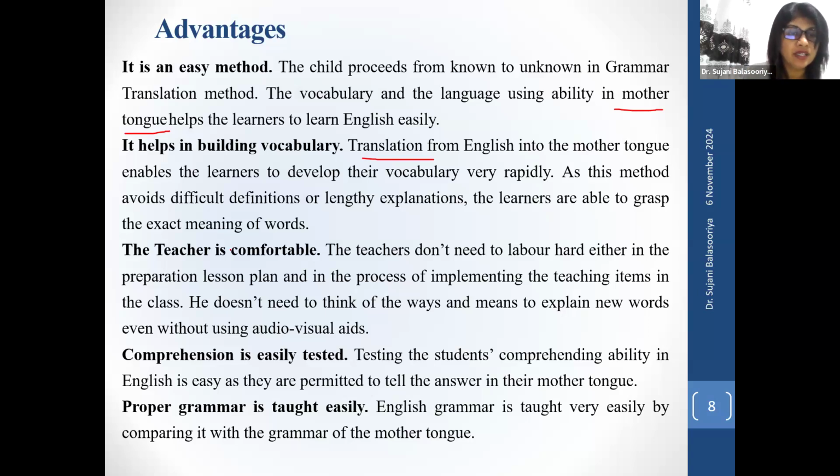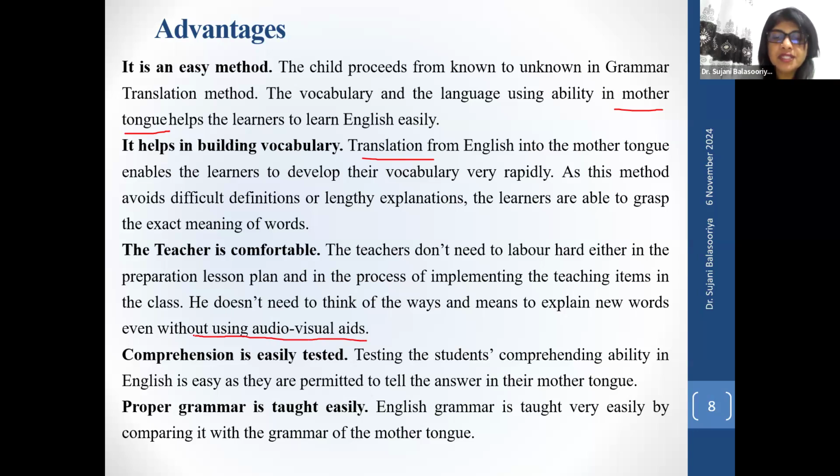And another advantage is that the teacher is comfortable. Why is that? The teachers don't need to labor hard either in the preparation of the lesson plan or in implementing the teaching items in the class. He doesn't need to think of ways and means to explain new words, even without using audio-visual aids. The use of audio-visual aids is not happening mostly in GTM.